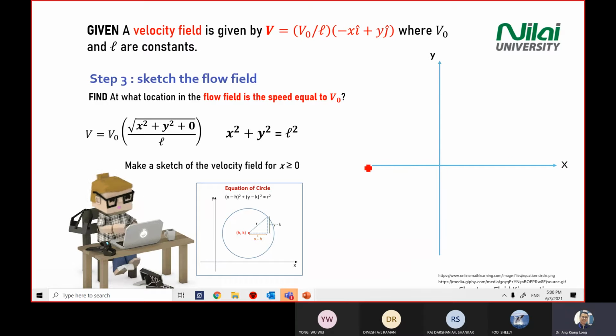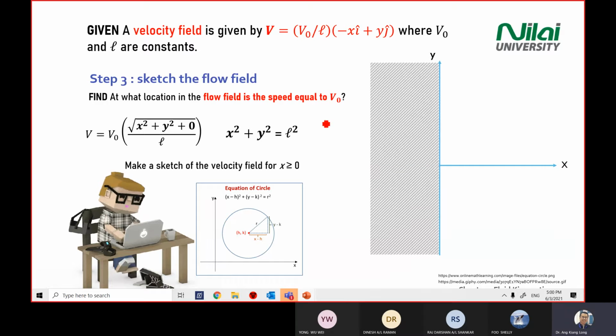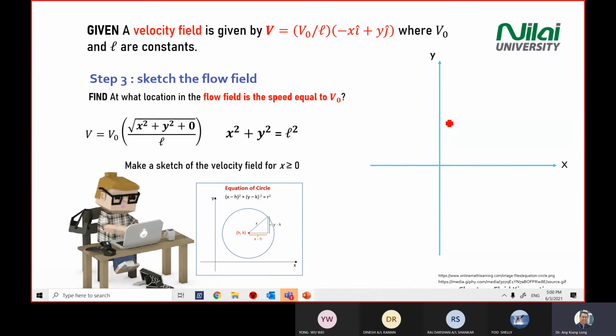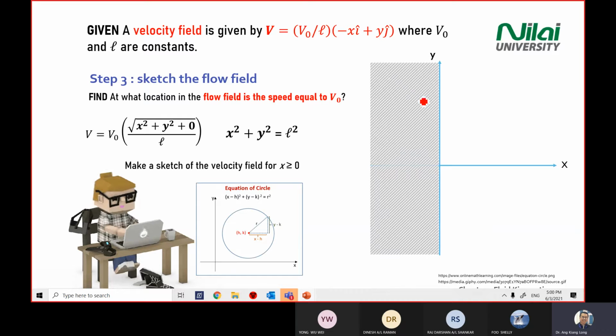You only need to solve for x more than 0, meaning you close off the left-hand side domain. You don't need to consider the values on the left-hand side. You continue solving the question on the right-hand side. You draw the first circle. The first circle radius is L.